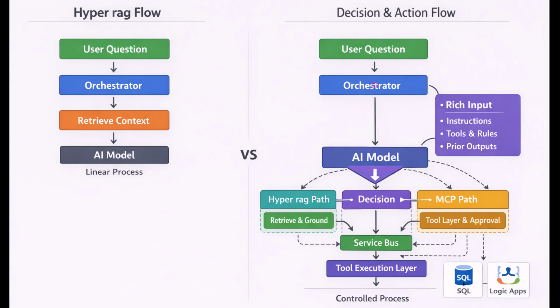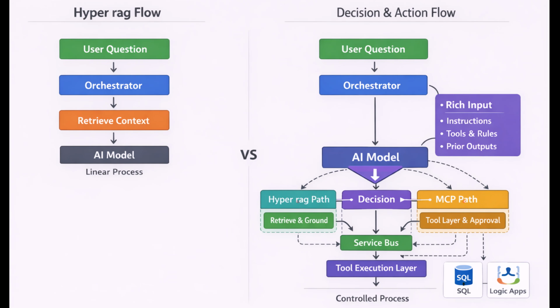If the request needs Hyper-RAG, the orchestrator drives retrieval and grounding. If it needs MCP, the orchestrator routes the flow into the tool layer and, when necessary, through approval and authorization control before execution can continue. If both are needed, the orchestrator manages that combined flow in one controlled process.